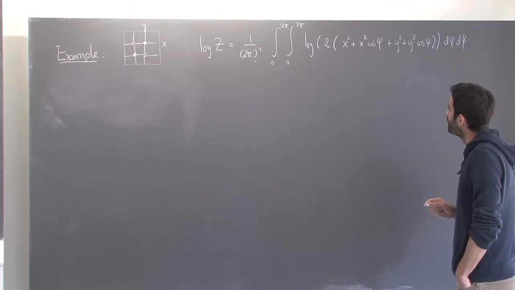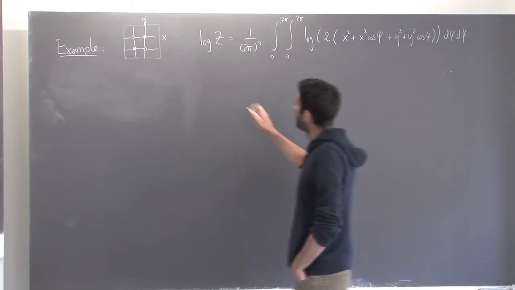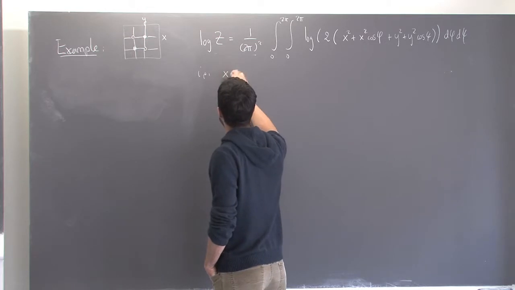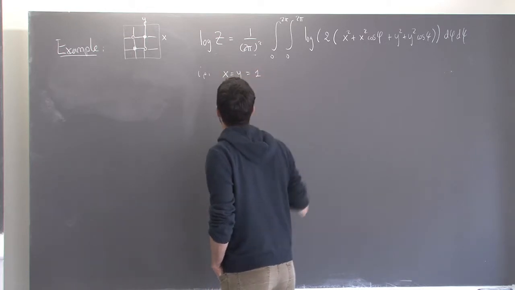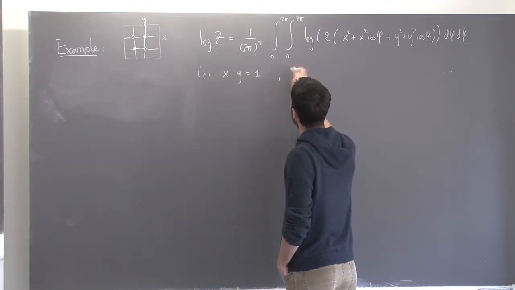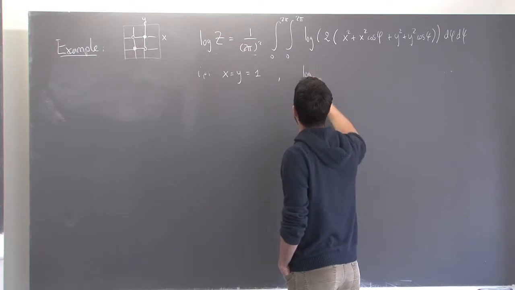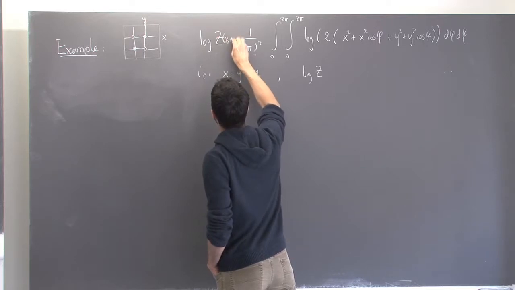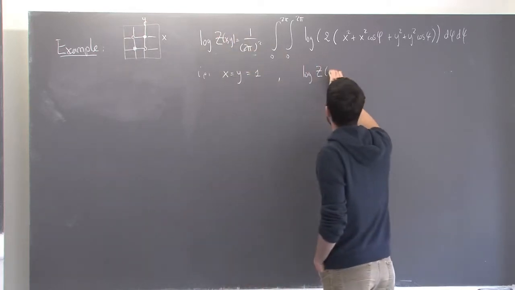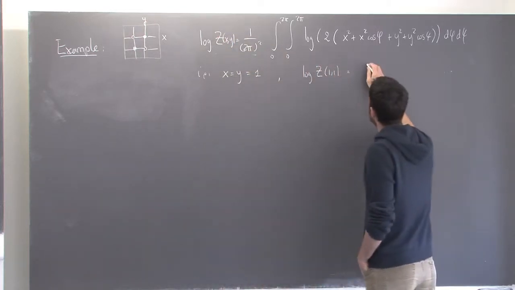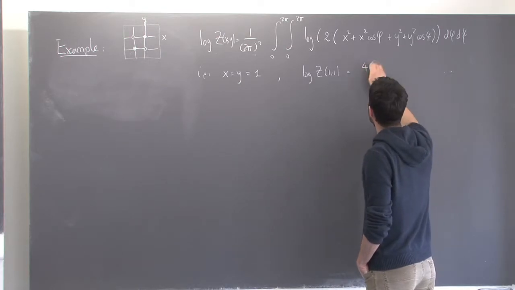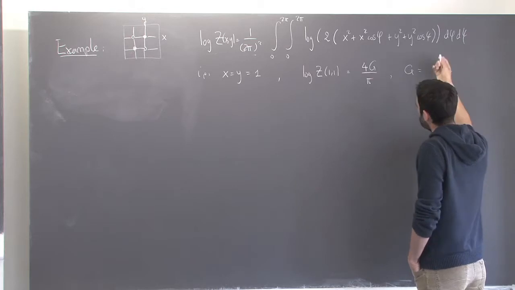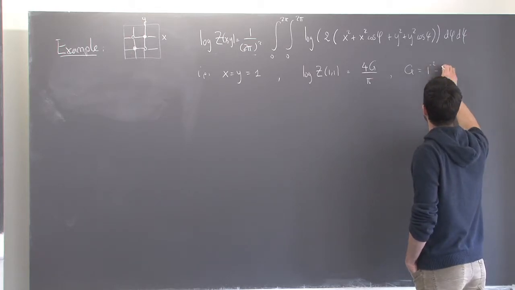And in particular, if you set x equal 1 and y as well, then we get log z, maybe I can write this as a function of xy. This is equal to 4 times G over pi, where G is Catalan's constant.